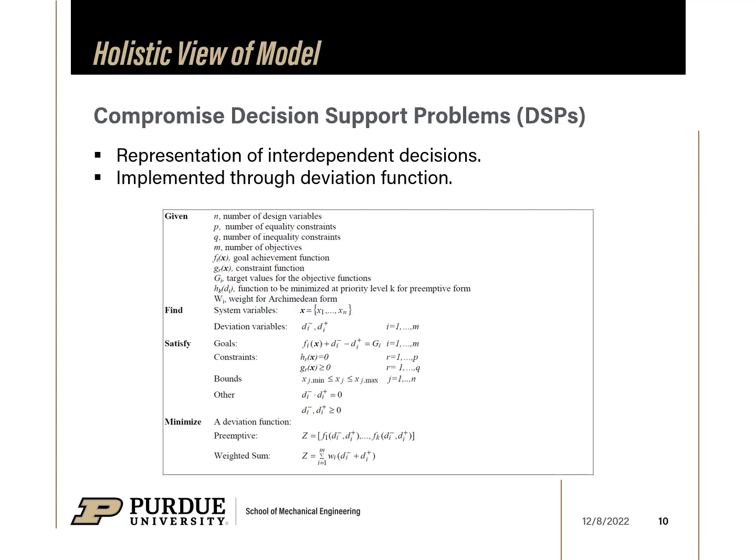So the first part of the model is this idea of compromise decision support problems, or DSPs. This is the representation of the interdependent decisions that are made within a decision situation. It's implemented through the idea of a deviation function, and the mathematical idea can be seen below.